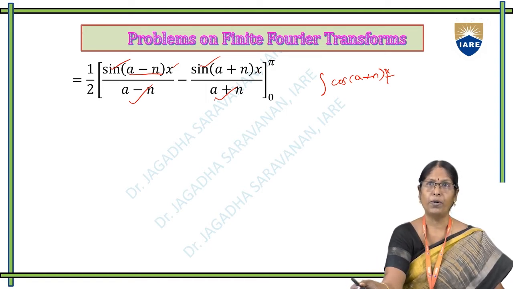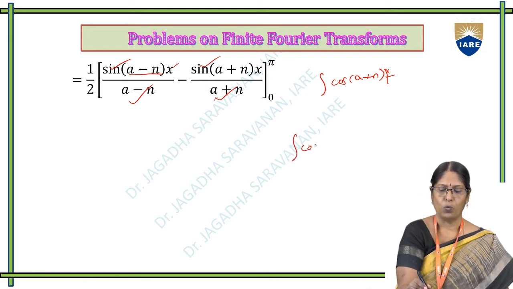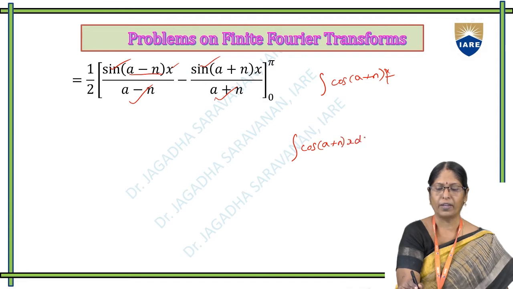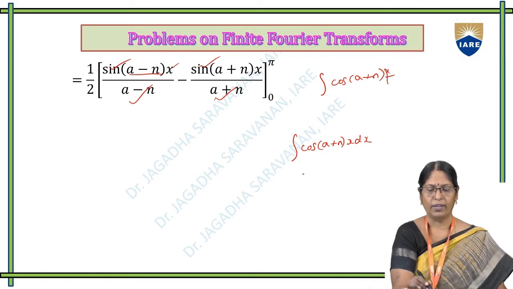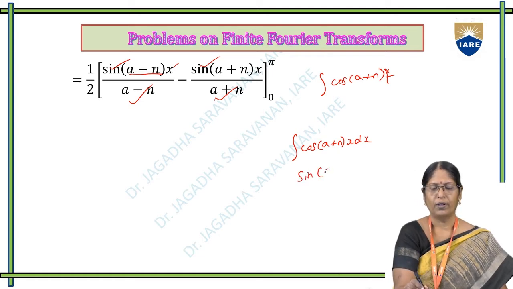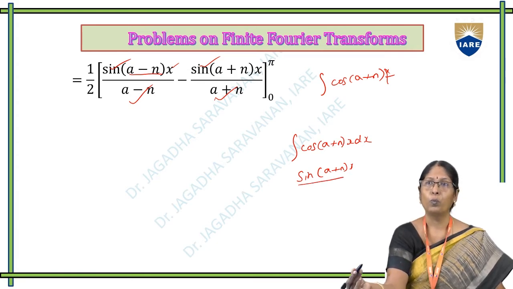A very simple way: we wanted the integral of cos of (a plus n) of x dx. That is cos of some term, so the integral is sin of that term divided by the coefficient of x, because we are integrating with respect to x.